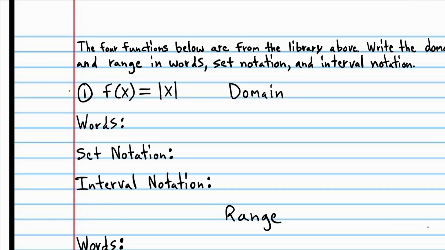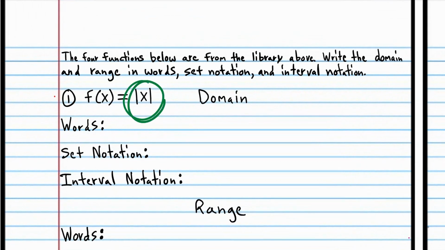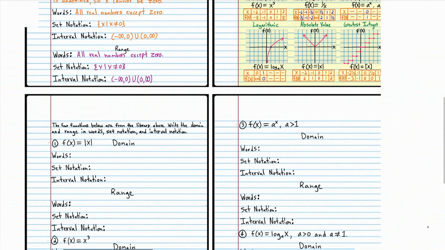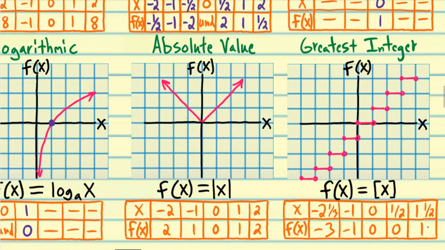Here we have the absolute value function. Instead of calling it the absolute value relation, we now call it the absolute value function because we have f of x here rather than y. We could probably figure out the domain pretty easily. The range would be a little more difficult, but we don't really need to analyze the equation because we can go straight to the graph.